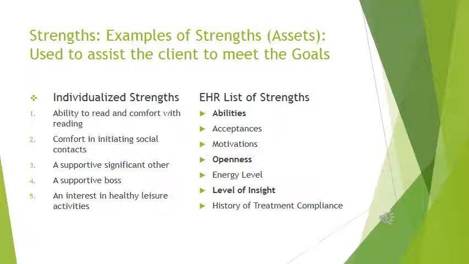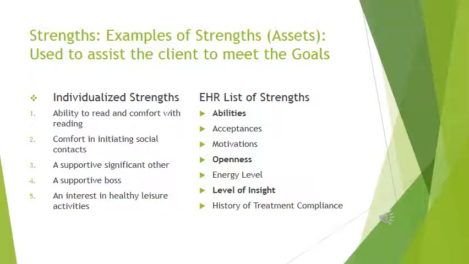When problems are being identified on a service plan, we may have to translate from the client's words into the language of the electronic health record and then back into the client's language again. For example, if you have an electronic health record, it's going to have categories of strengths, like the ones that are listed here.